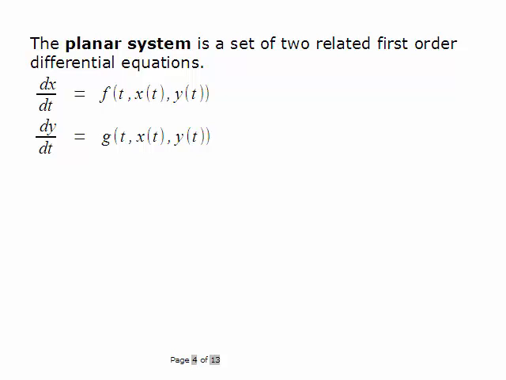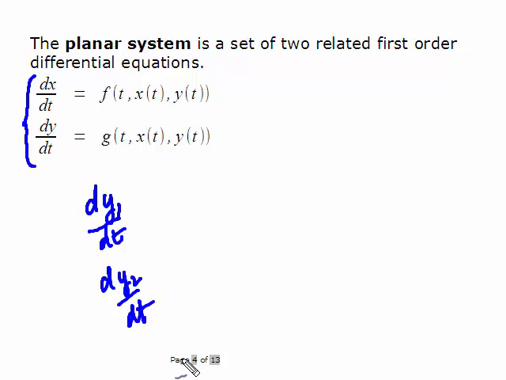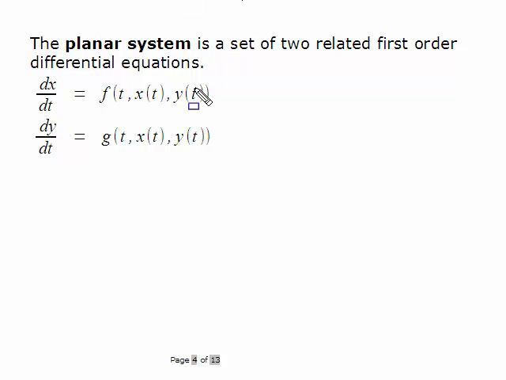Okay, so here is a planar system. It's a system of 2 equations, and I'm following the notation in the book and using x and y. Now a better way is to go dy1 by dt and then dy2 by dt, because you might have a larger system, and so then you're ready for dy3 by dt, etc. Okay, but we're going to use x and y for the general system.